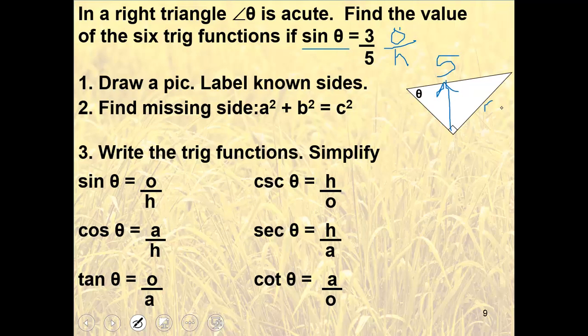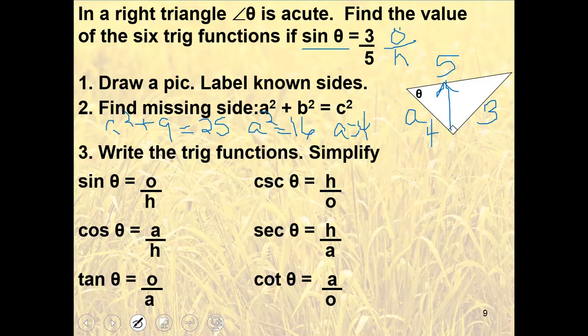And then my opposite side has to be a 3. Therefore, I'm looking for my adjacent side. So I get a squared plus 9 equals 25, and a squared has to equal 16 by subtracting 9. So a has to equal 4, and that is my adjacent side.